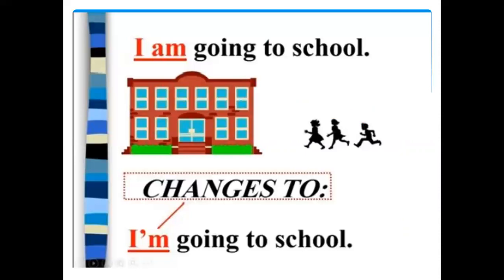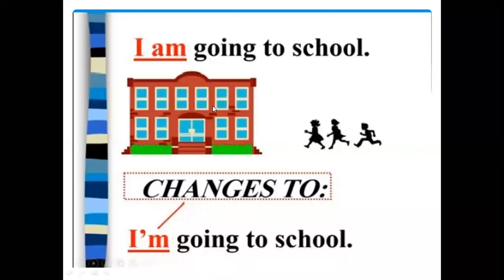Like what? Look here. I am going to school. I is a pronoun. Am is a verb. I will change it to I'm. I use the apostrophe to write the words in a short way.